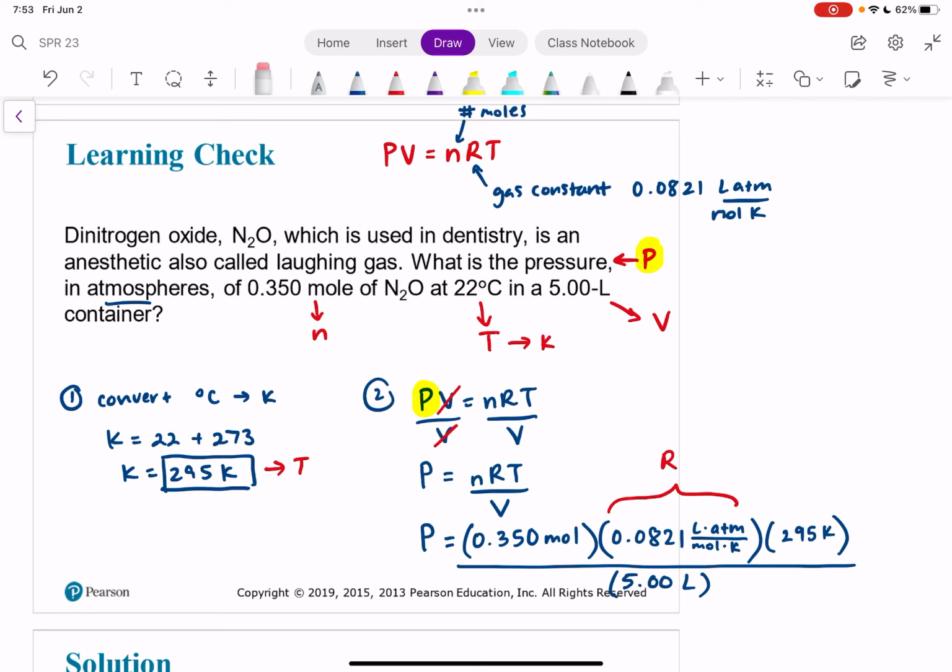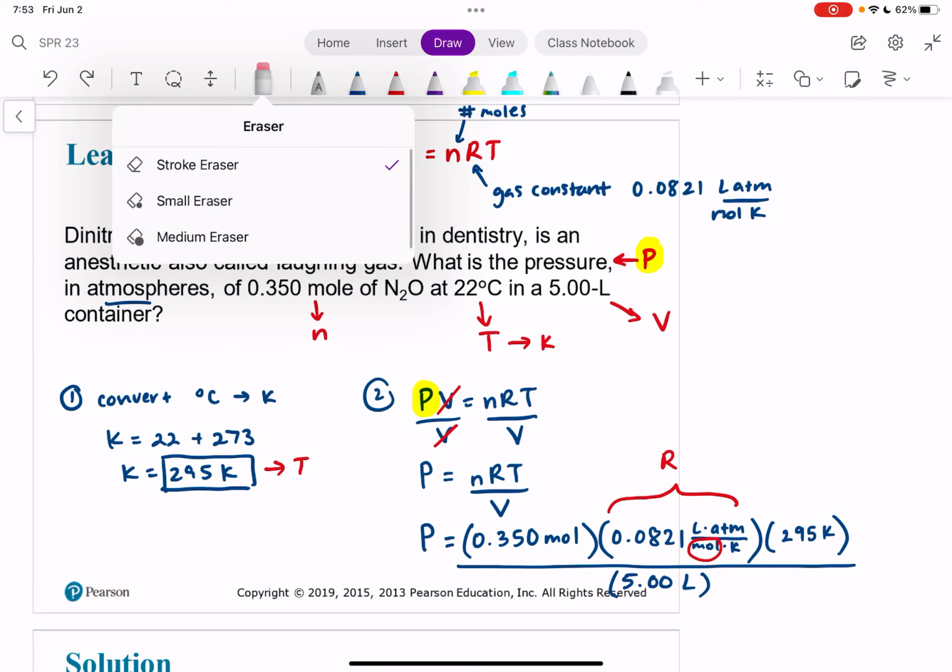So we've got moles in our numerator. And this is kind of weird, but we've also got moles in our denominator here. Take a look at this, right? We've got moles in our numerator, even though this whole thing is in the numerator of our big fraction, we've also got kind of a fraction for our units there. So those moles actually cancel out.